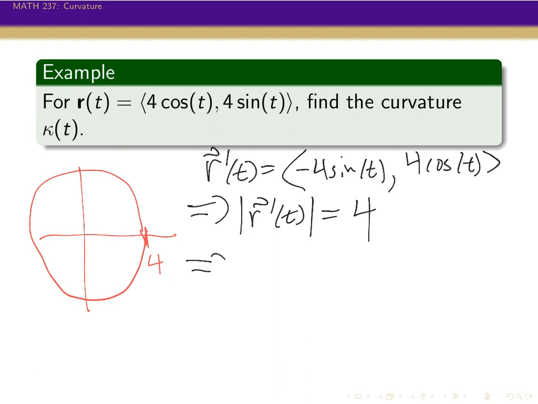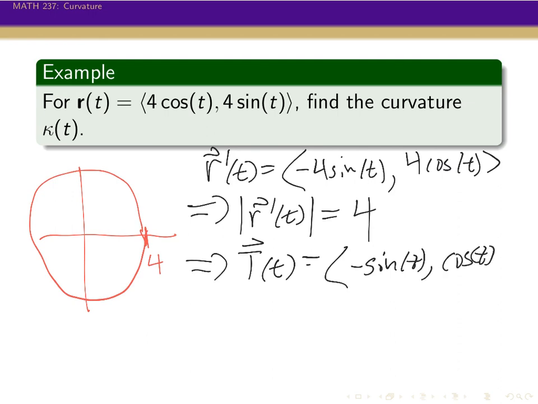That means the unit tangent vector is minus sine, cosine, and its derivative is minus cosine, minus sine.